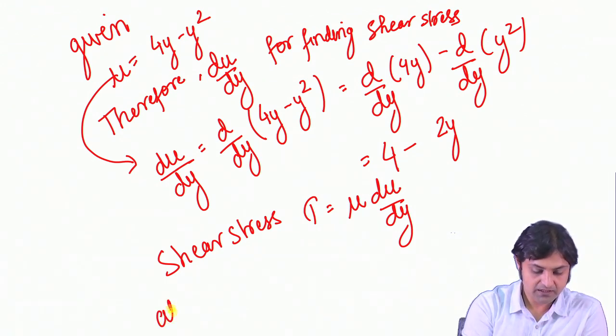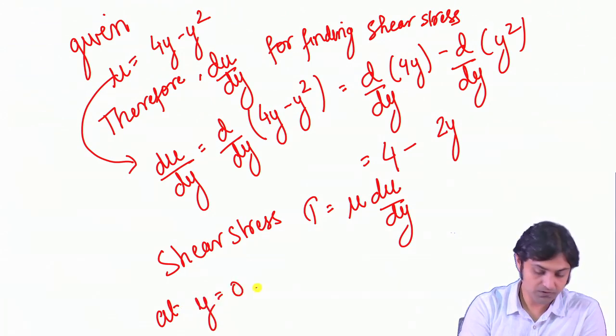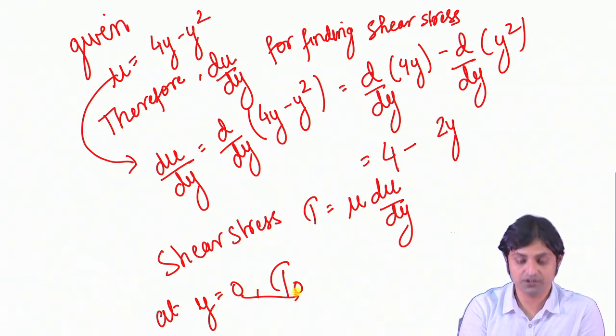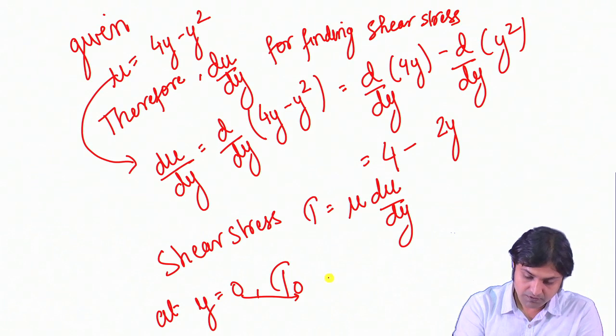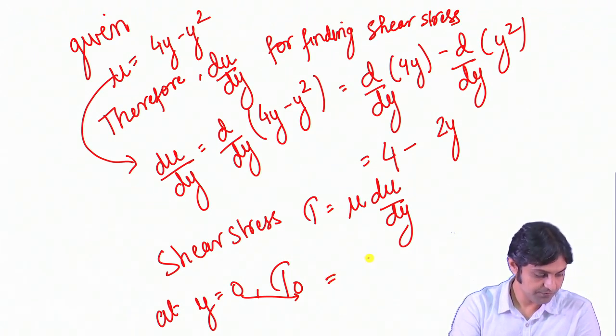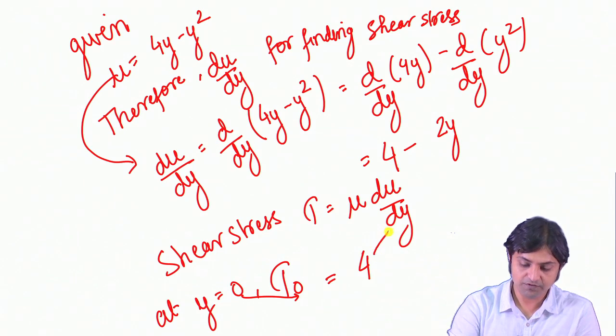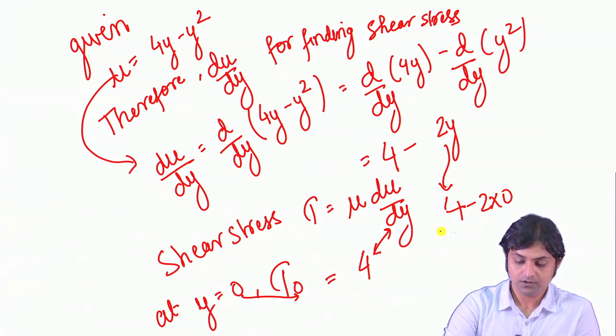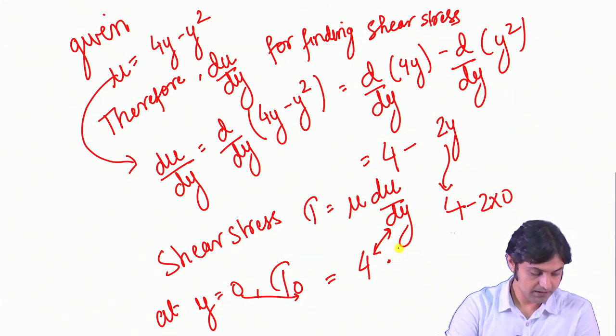So at y is equal to 0, I indicate shear stress at 0 as tau 0. It will be given as du by dy, which will be 4, because 4 minus 2 into 0, multiplied by dynamic viscosity, which was 1.5.